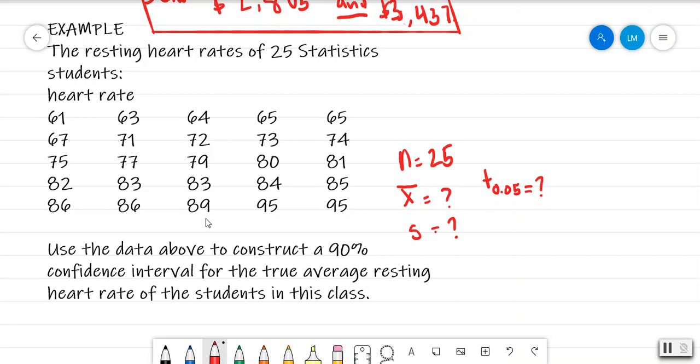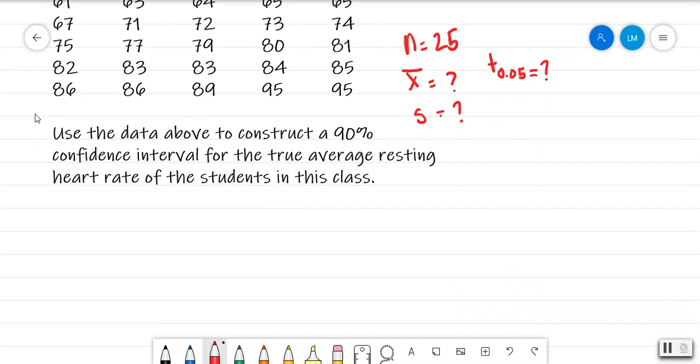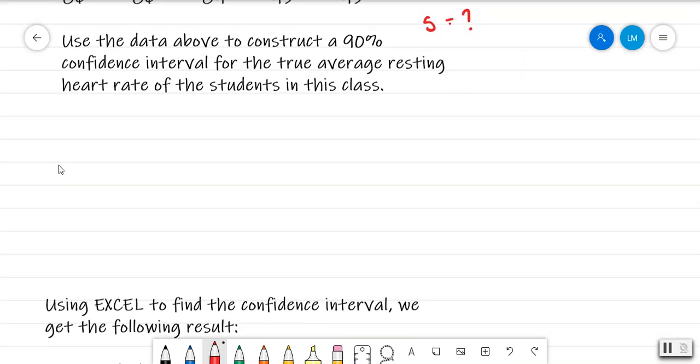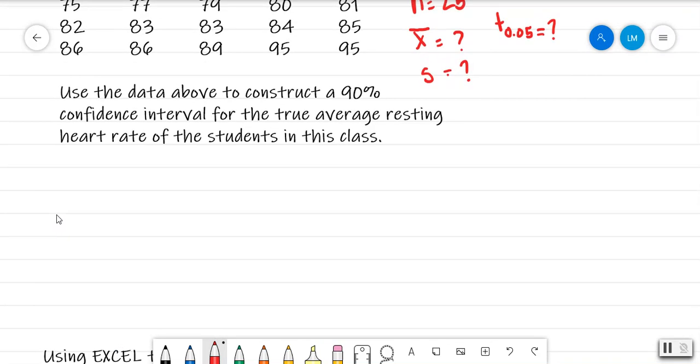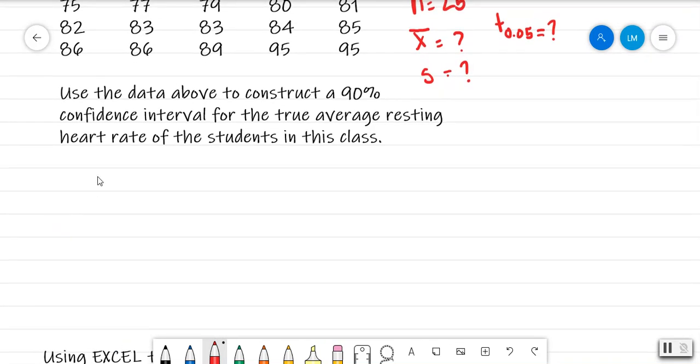There are several ways that I can find this, so let's go ahead and find the t alpha over 2.